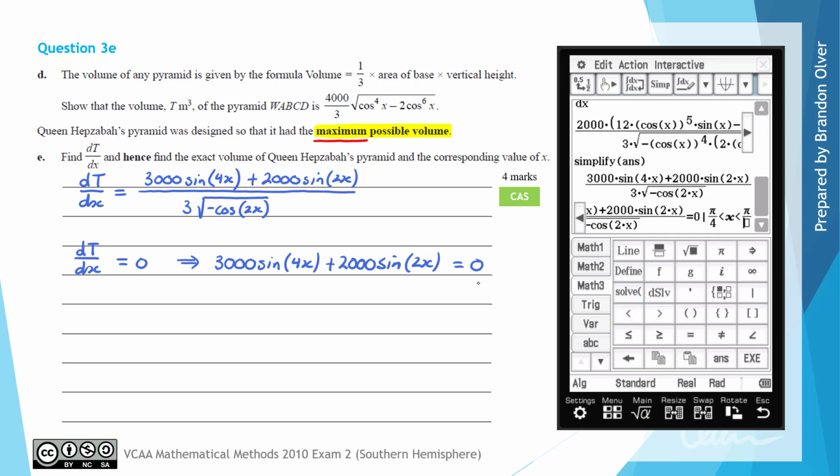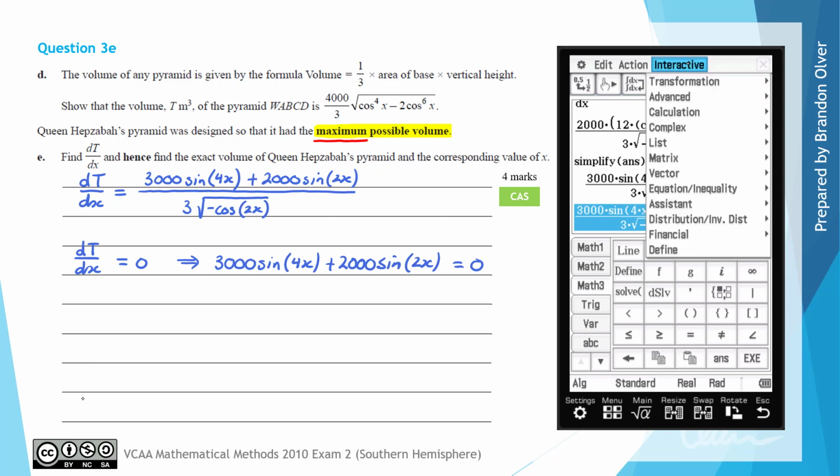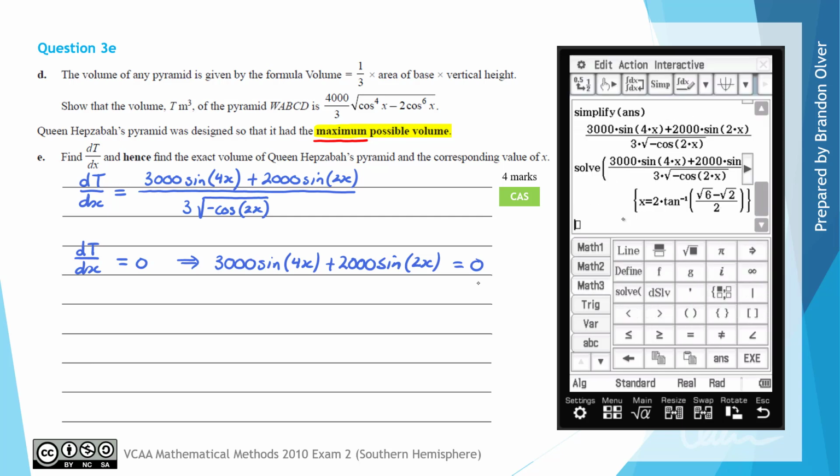So we can set all of that up, and now when we highlight including the restriction and the equation, once that's all highlighted, we can go interactive equation inequality solve for x, and it will find the solution, the value of x that's in that domain, that makes the derivative equal to 0, which will find a maximum stationary point for us.